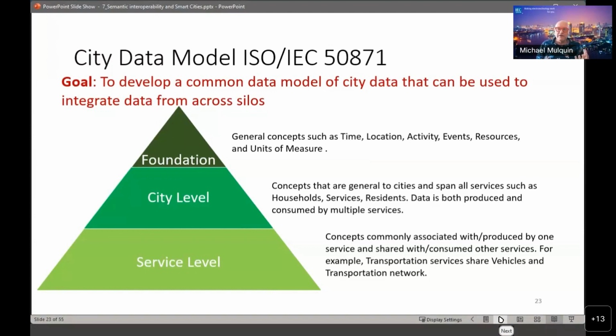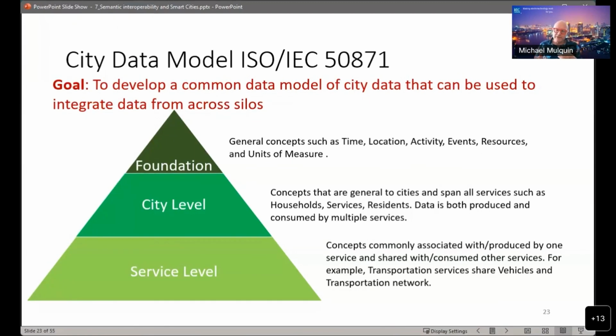So, the concept of household is something that's important to health, to education, to transport, to energy supply, and so on. So that tries to identify what are those common concepts that need to be used by all the different services within the city.